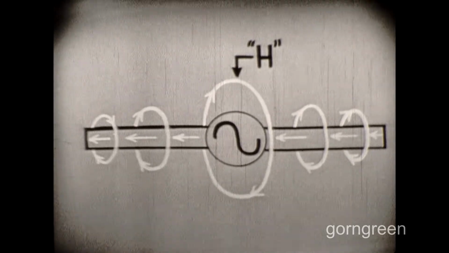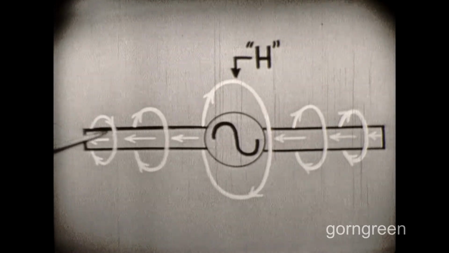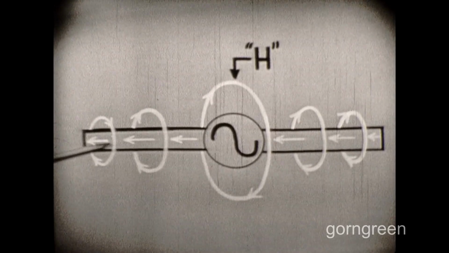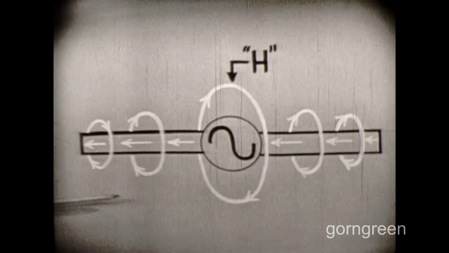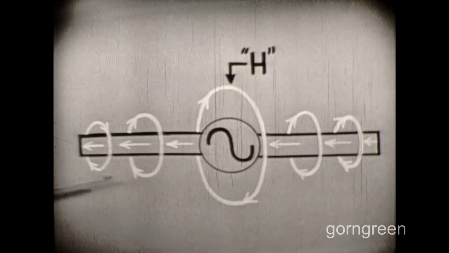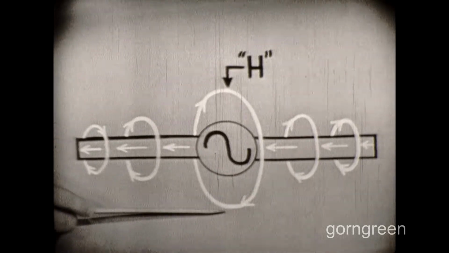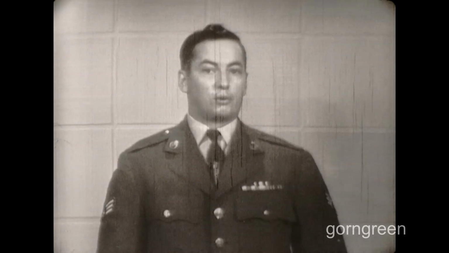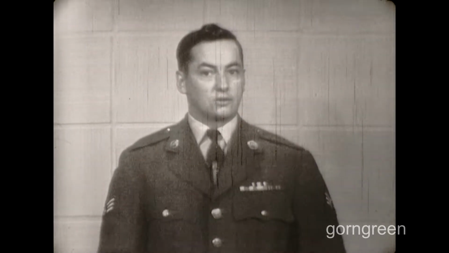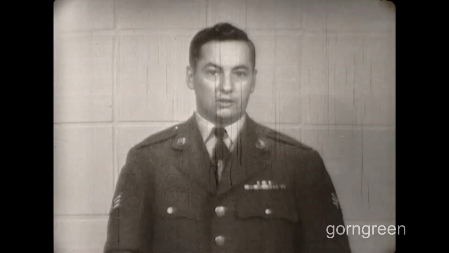Some of the magnetic lines will collapse back into the dipole, and some will be repelled into space when the current reverses and the fields build up in the other direction. Notice that this field, too, is of maximum intensity at the center of the radiating element. Now we have both E and H lines literally snapped off the dipole and free in space.